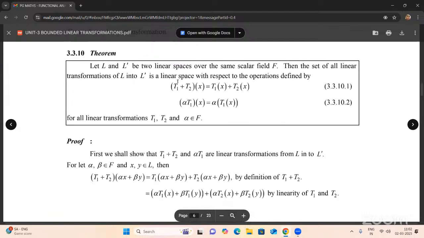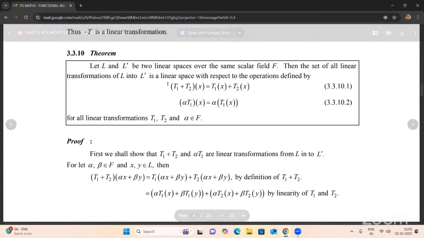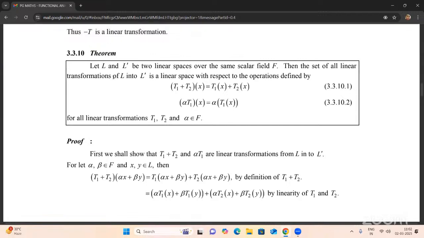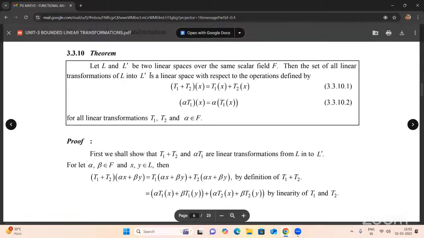The sum of any two transformations can be written as follows. Here there are two linear spaces, L and L dash, over the same scalar field. Consider the set of all linear transformations of L into L dash.